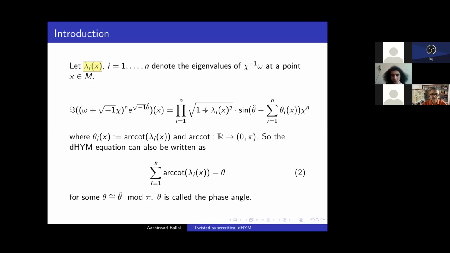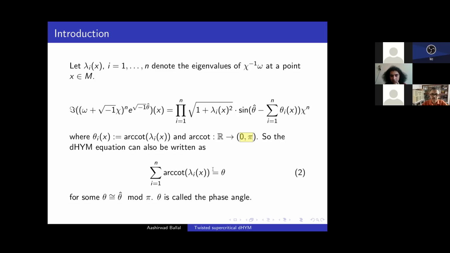If you do that, then at the point x you have this expression for this function. It is equal to 0 if and only if the sum of theta i is equal to theta hat, where theta i refers to the arccot of lambda i of x, and we're choosing the arccot to have its range in this interval.